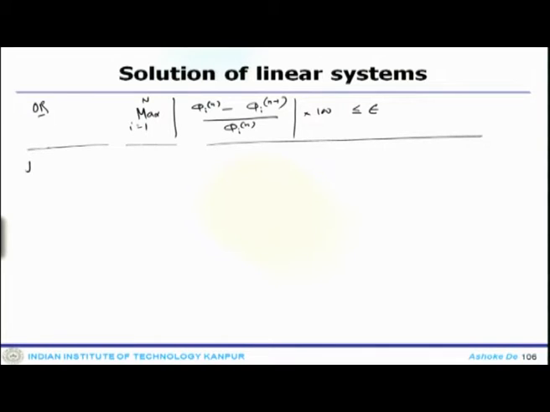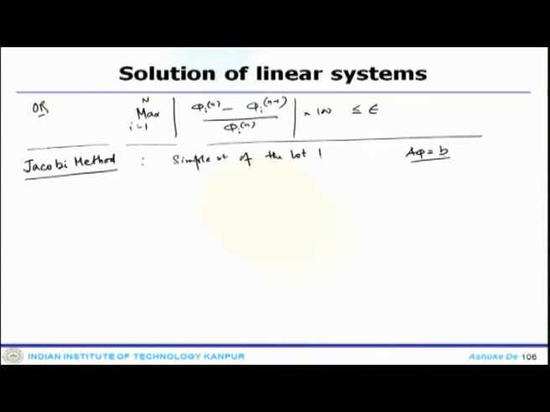The first one to start with is the Jacobi method. This is probably the simplest of the lot, and one can solve the linear system by the Jacobi method to get the solution.